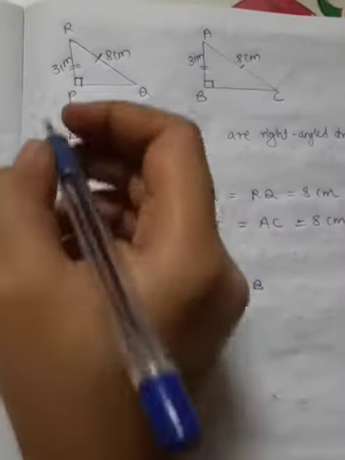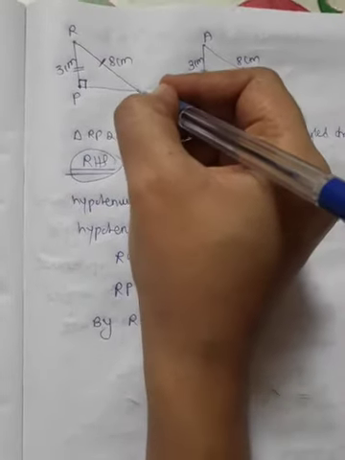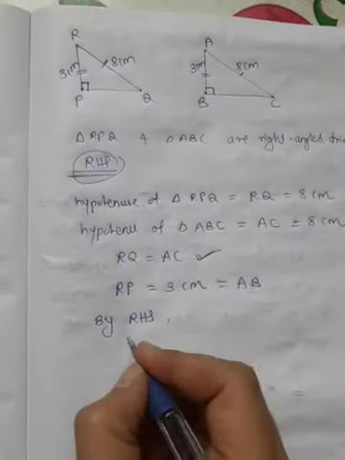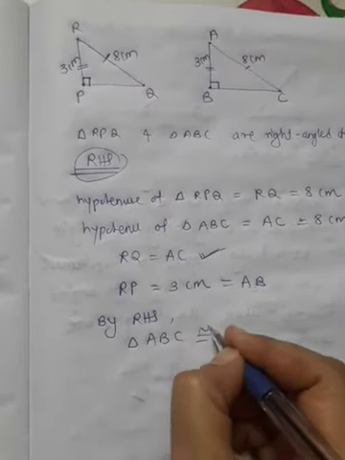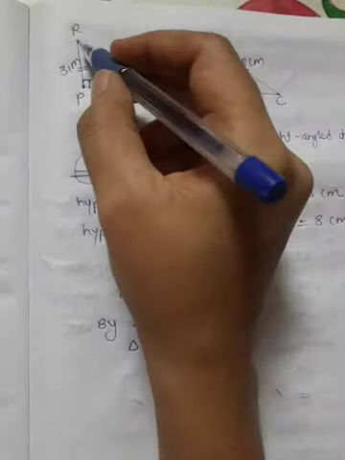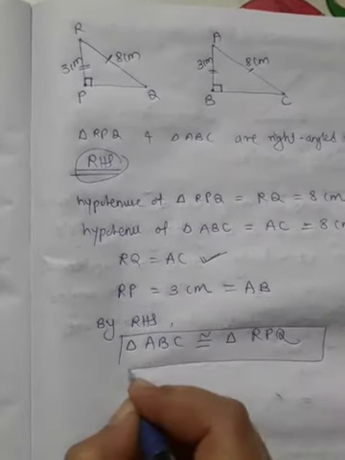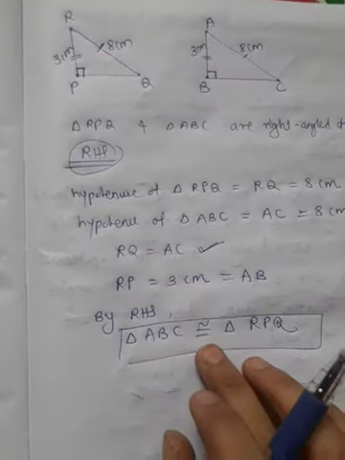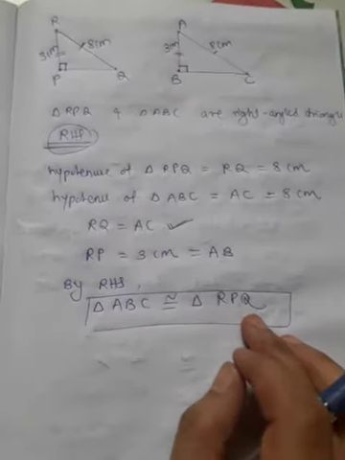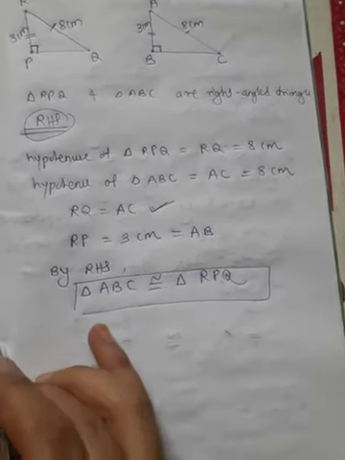So here, P corresponds to B, R corresponds to A and Q corresponds to C. So here triangle ABC is congruent to triangle RPQ. Okay, so here by RHS test we can say right angle triangle ABC is congruent to right angle triangle RPQ. Okay, so this is the criteria to check whether the given two right angle triangles are equal or not.